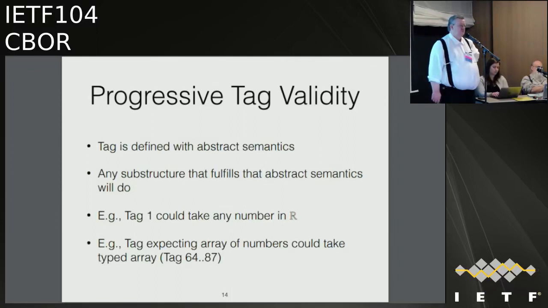Take tag 1 taking any number in R: if you were to build a firmware update system, for example, that requires a timestamp for validity, and the very data structure that's delivering the update can't understand the tag it's handling, you're going to wind up with problems. So I think that it's a great idea semantically, it's a great approach to reducing the number of tags, but I don't think that it's going to play out very well in practice.